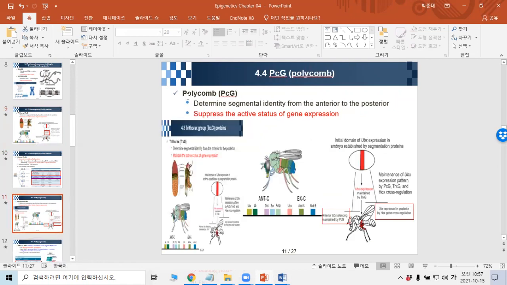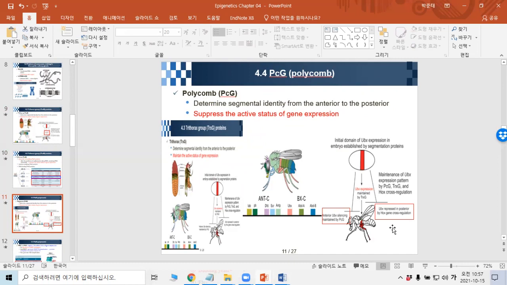However, the Polycomb gene, in another segment, plays an important role in another gene.